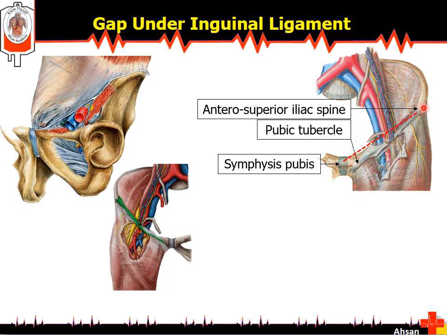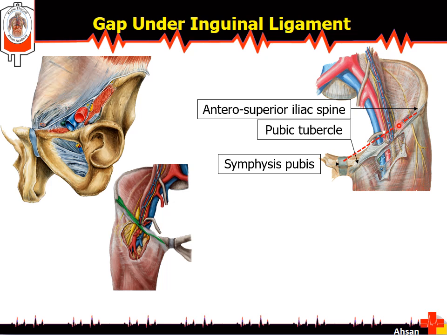If we draw a line, this indicates the inguinal line. The ligament lies a bit below and a bit curved below this line. The midpoint of this line is the mid inguinal point.